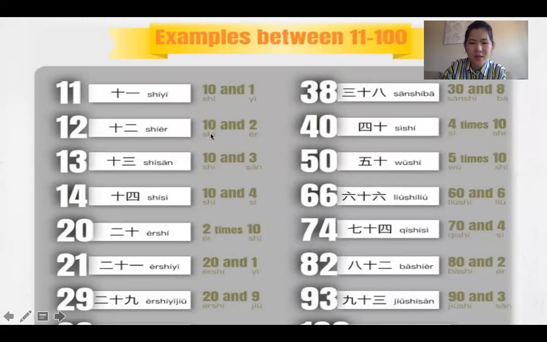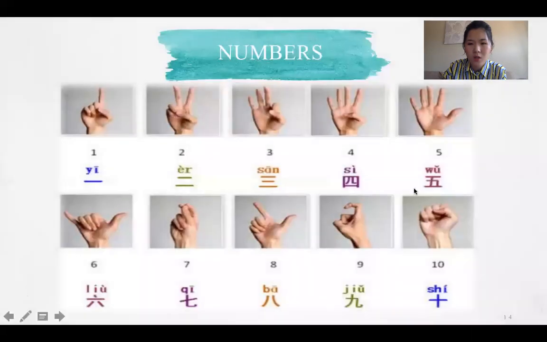It's the same for 12, 10 and 2. And then 13, 14, and 15, I didn't write it, 15, right?